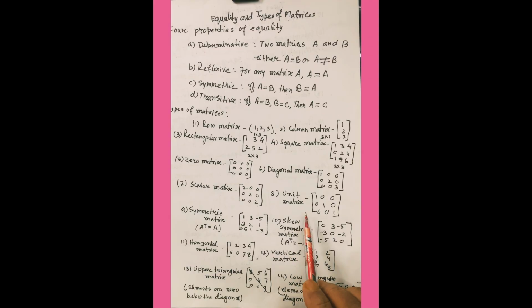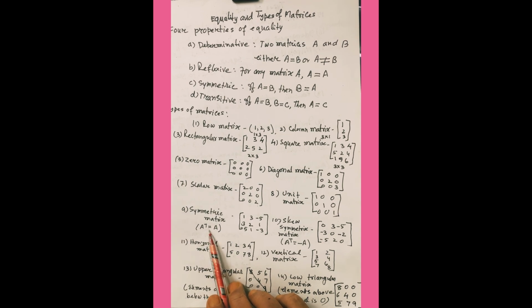Then another one is the unit matrix, or often we call it an identity matrix. Its diagonal elements are 1, 1, 1, and all other elements are zeros. And symmetric matrix. This is common. The transpose of the matrix becomes the original matrix.